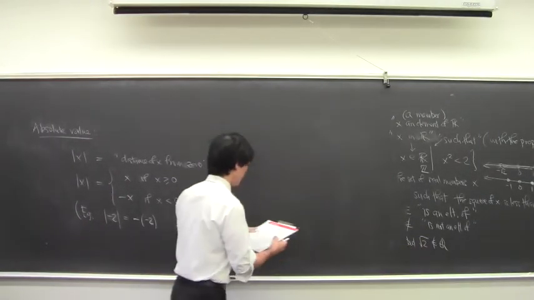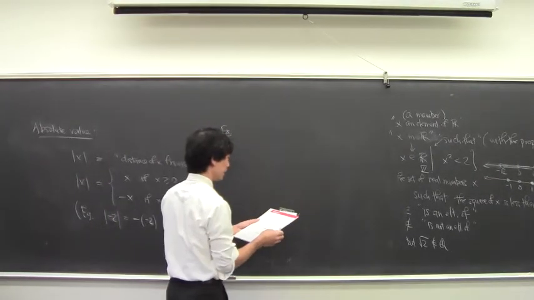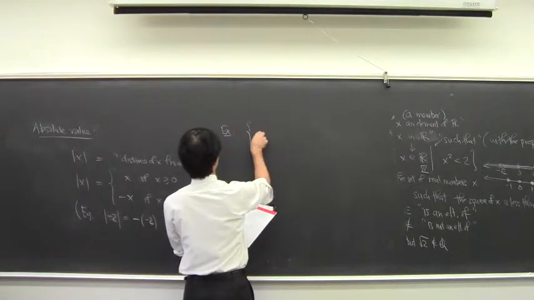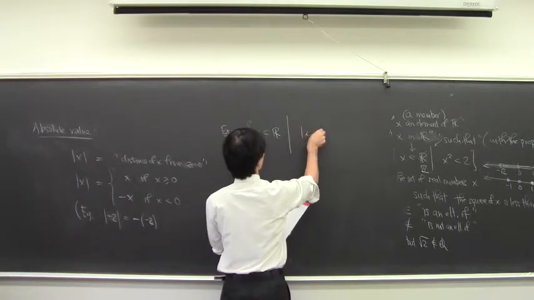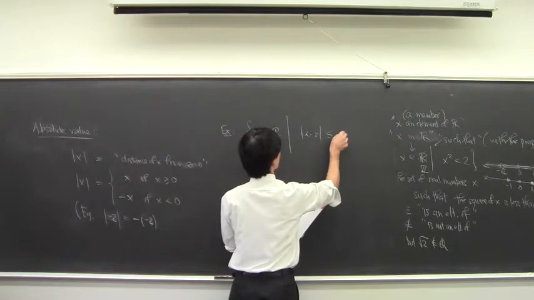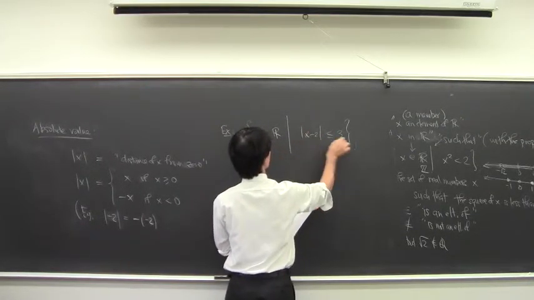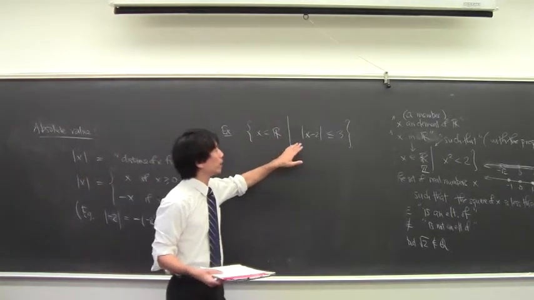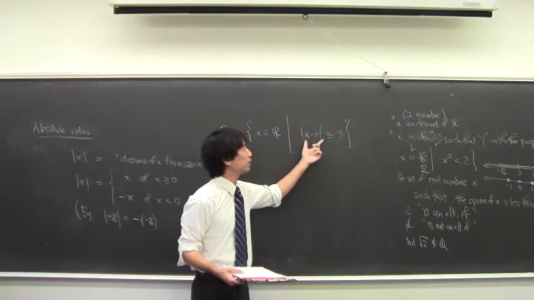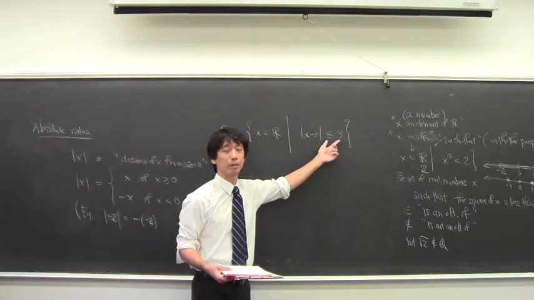Okay. So let's do an example connecting the two things, the set notation and the absolute value. If we consider this set, the real numbers for which the absolute value of x minus 2 is less than or equal to 3.